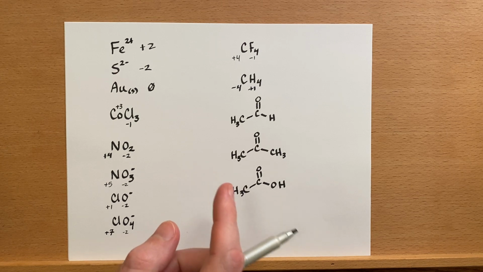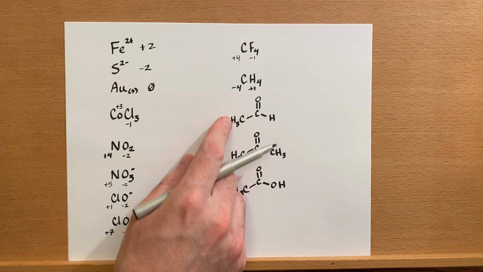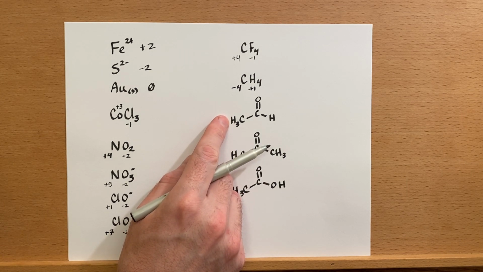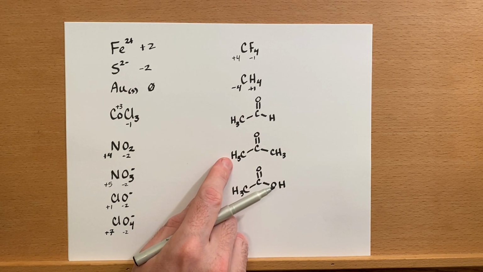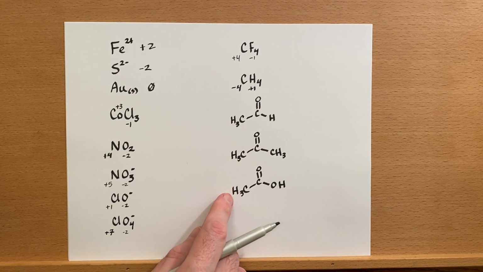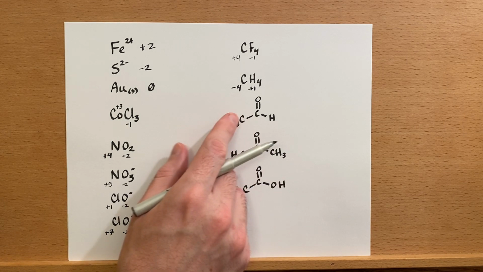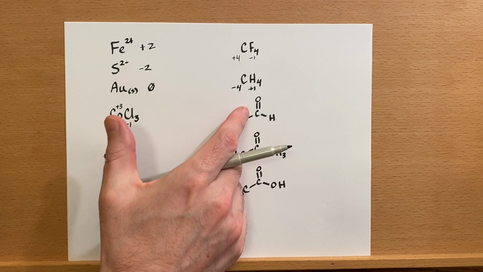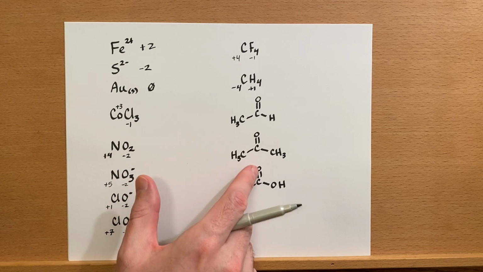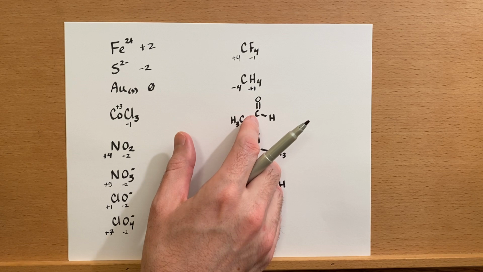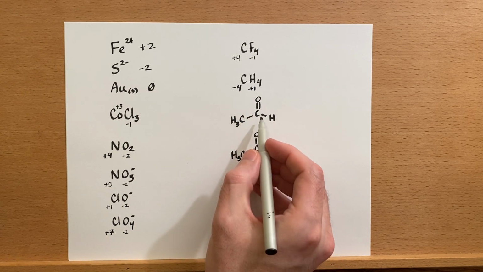Where it comes in more handy is when we start looking at these compounds down here. This is an aldehyde. This is a ketone, an acetone. And this is a carboxylic acid, acetic acid. Right? And you'll notice that in some of these cases, we're changing how much oxygen is on there. We may be changing the oxidation state of this carbon right here, this so-called carbonyl carbon.